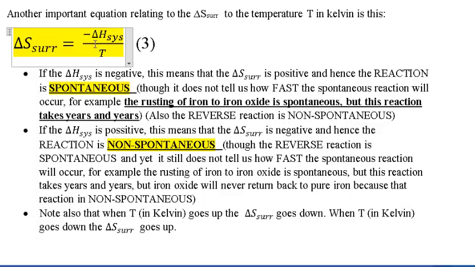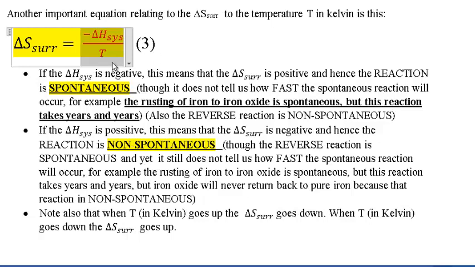If this delta H of the system is positive, it's an endothermic reaction. That means this fraction becomes negative, and that means your delta S of the surroundings becomes negative, which means the surroundings actually input more energy in, enthalpically speaking, but entropically speaking, they're becoming more ordered.